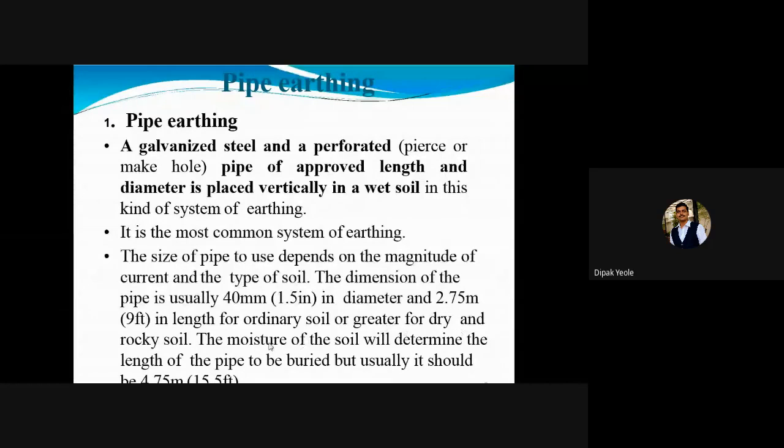The moisture of the soil will determine the length of the pipe to be buried, but usually it should be 4.75 meter. सो एवढी लेंथ असणं गरजेचं आहे पाईप अर्थिंगच्या वेळेस.